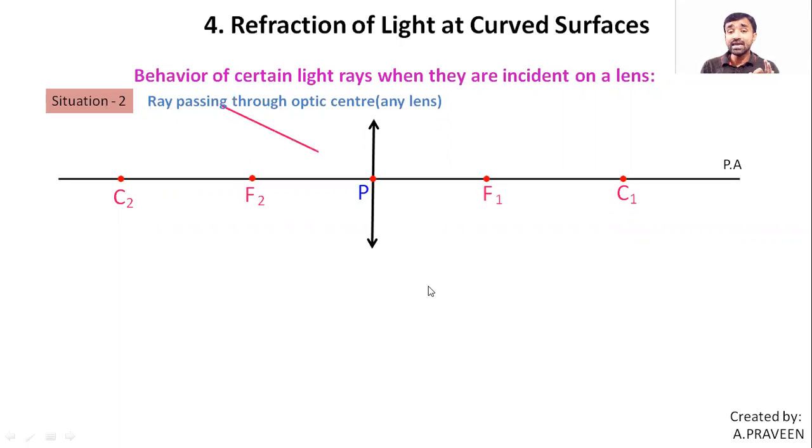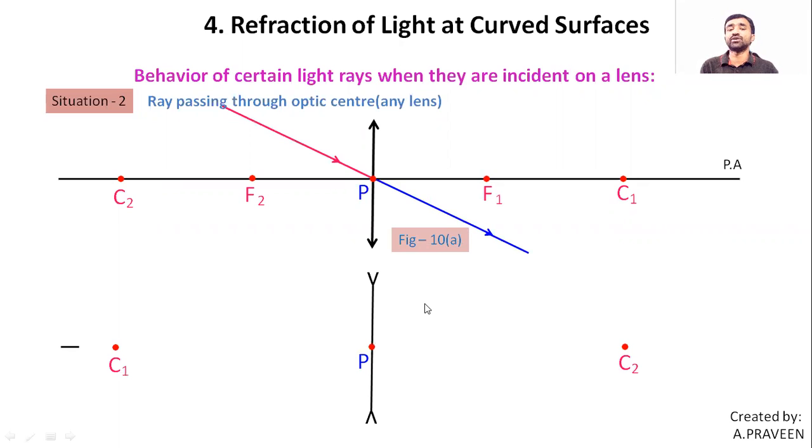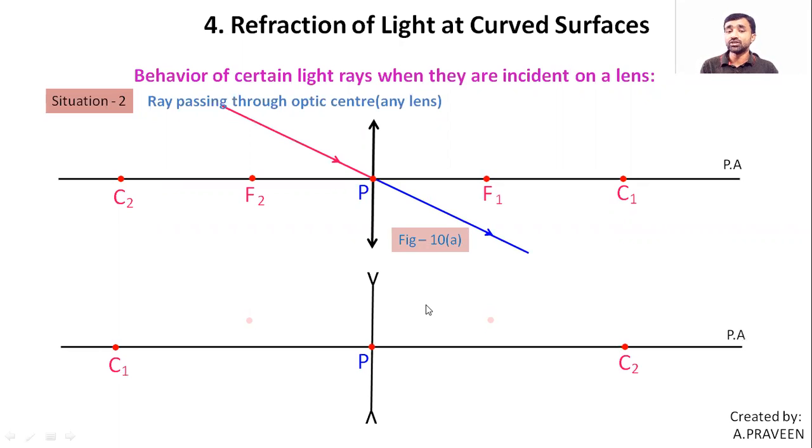Then the ray is incident on a double convex lens through the optic center of the lens. In this case also, that ray after refraction remains undeviate, right? In case of concave lens, also you will notice the same thing, that the light ray remains undeviate when it is passing through the optic center of the lens.